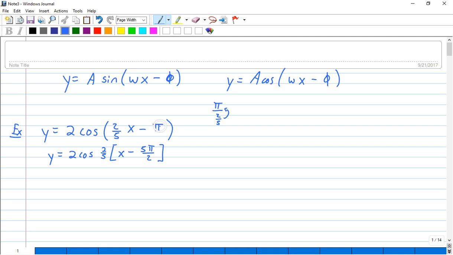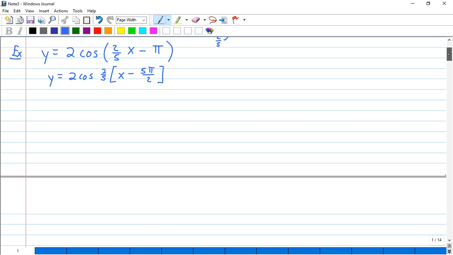So that's going to change that, and that's a big deal. Why is that such a big deal, you may be asking? Well, the phase shift, or our new starting point for our graph, is going to be whatever we have right here.